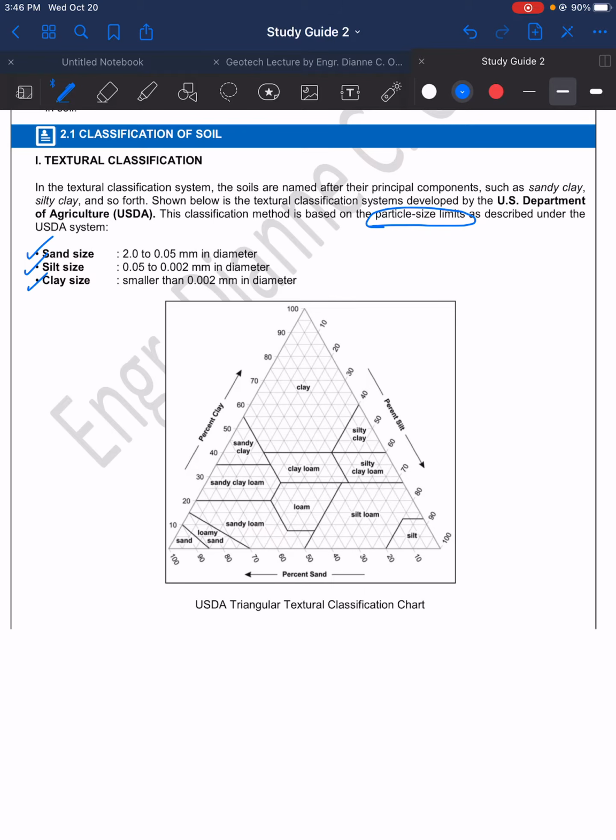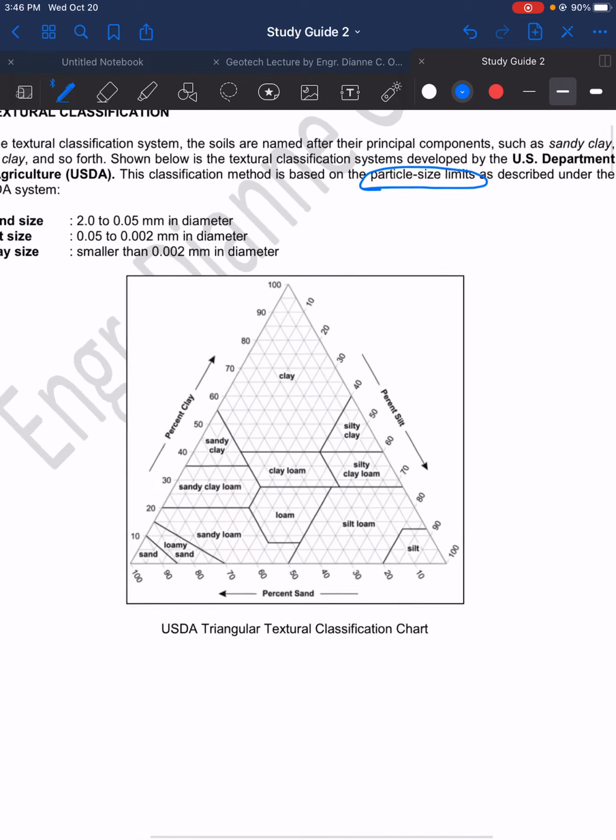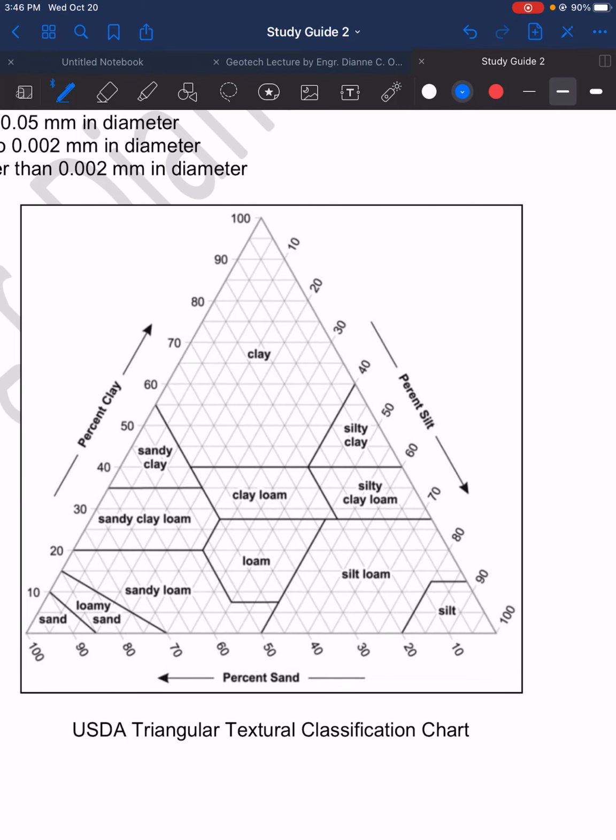Okay? The USDA classification system uses this triangular textural classification chart. So we have here different classifications of soils, and as you can see from the three sides of the triangle, we have in this portion here the percentage of clay, the percent of silt, and the percent of sand.